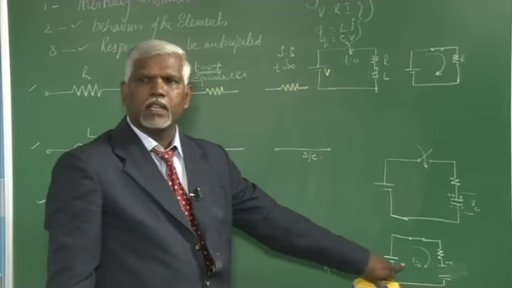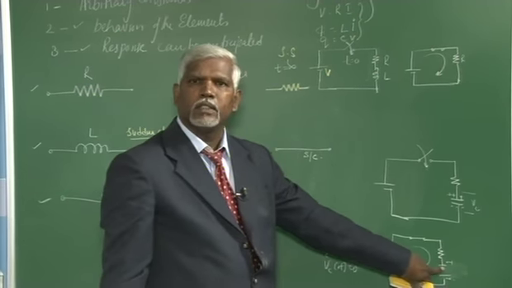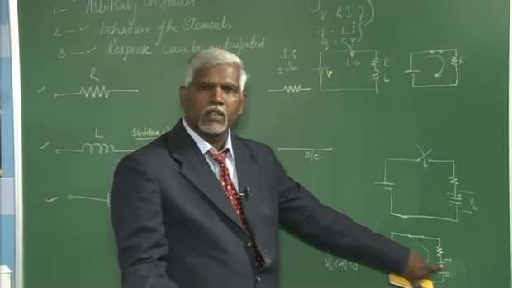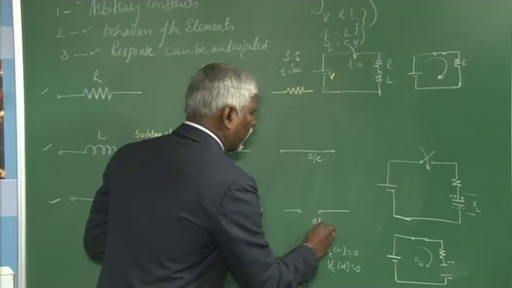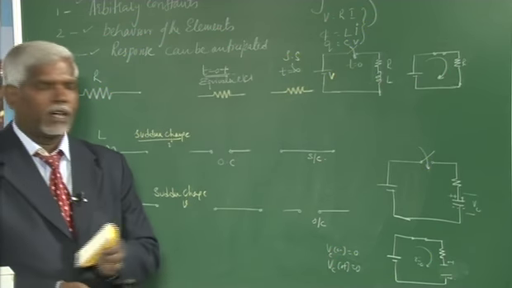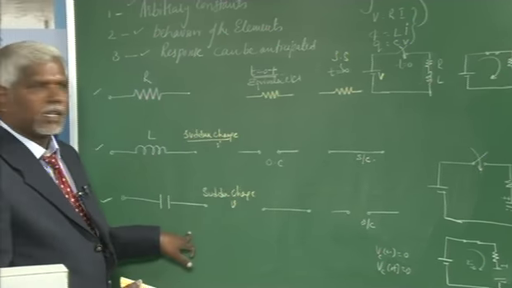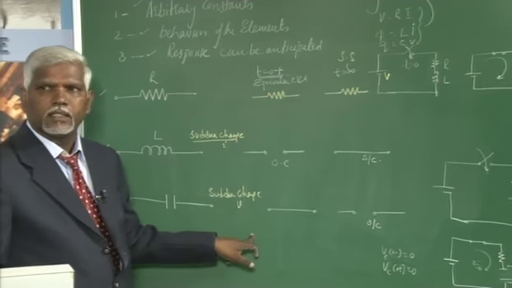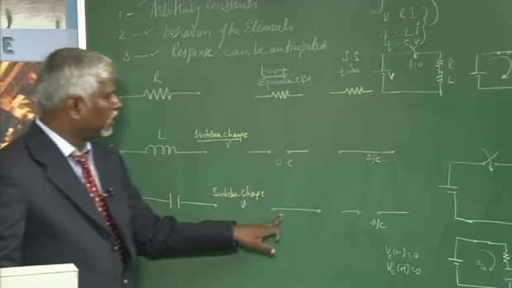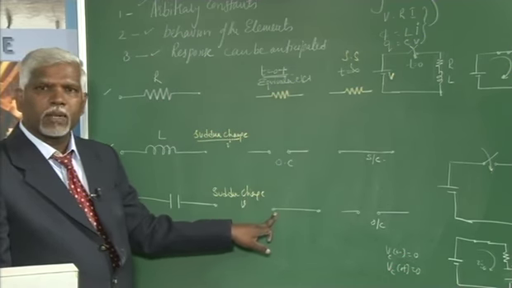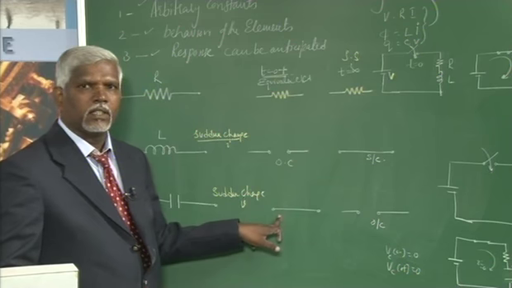In steady state it acts as an open circuit. The current flow will become 0 in steady state. If you understand any one, the other one is exactly the same. In transient at t equal to 0 plus it behaves like a short circuit.